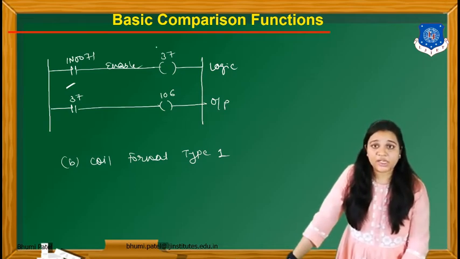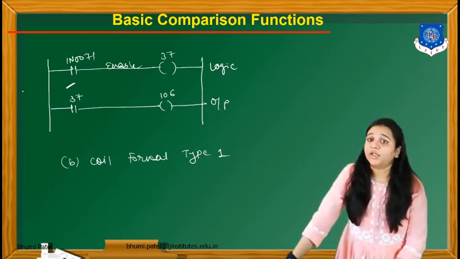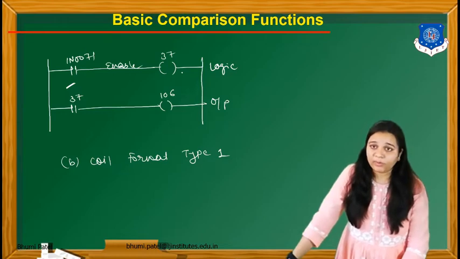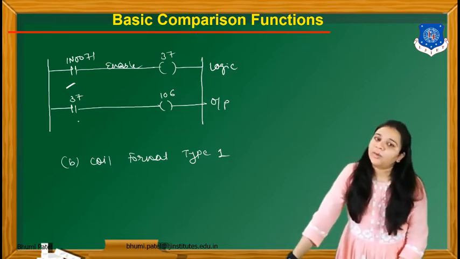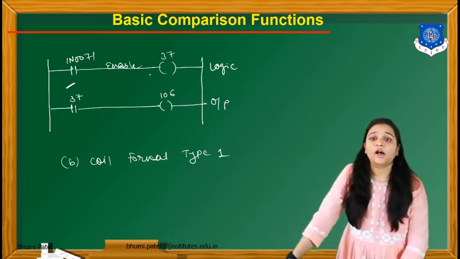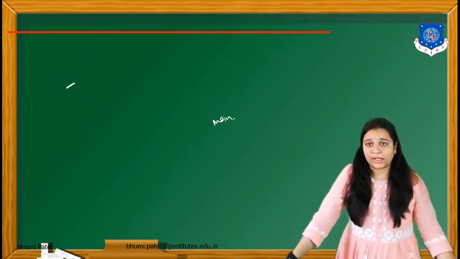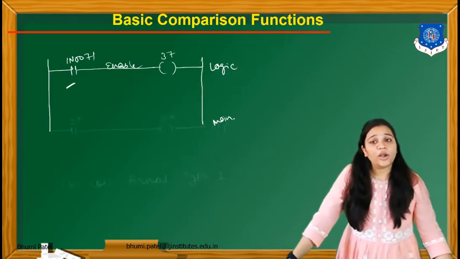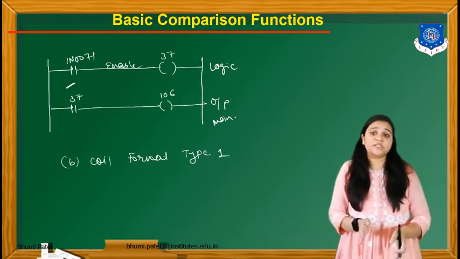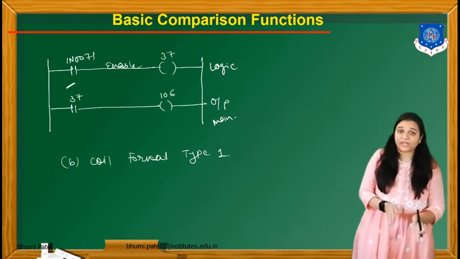That is the logic behind the program: whatever input is applied, the logic output will be on, and then my main output should be on. If we draw this block format program in the coil format, this is coil format type 1.